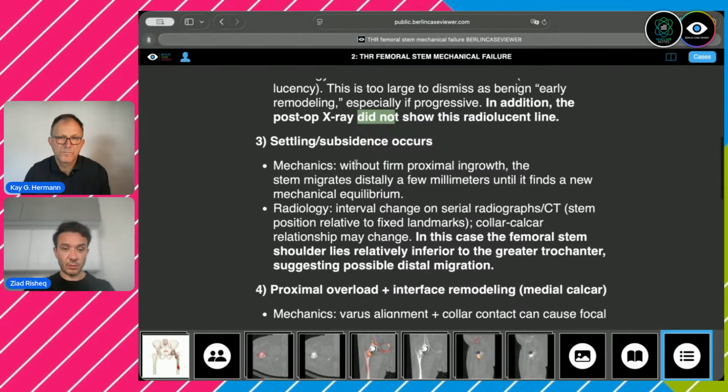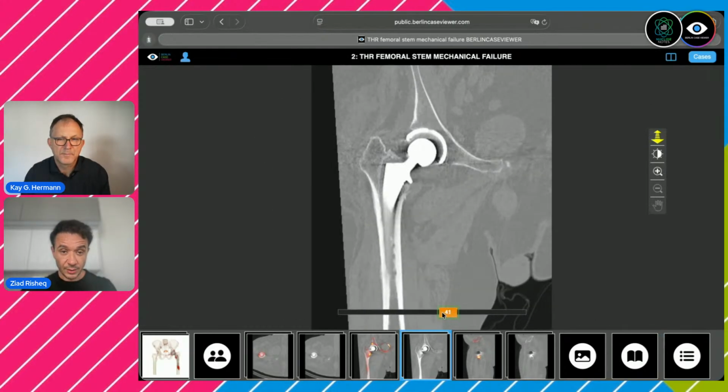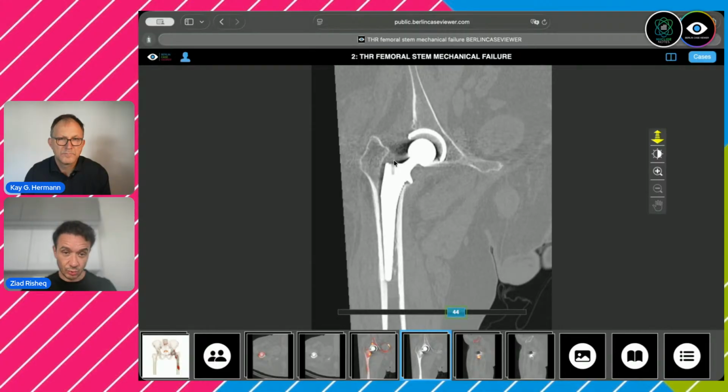So eventually, without proximal fixation, the stem migrates distally a few millimeters until it finds a mechanical equilibrium that it settles in. And what we see radiologically is interval changes in the serial CT or radiographs. But if you don't have that, you can look at the femoral shoulder.